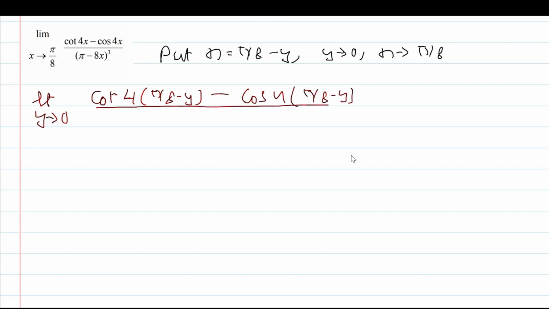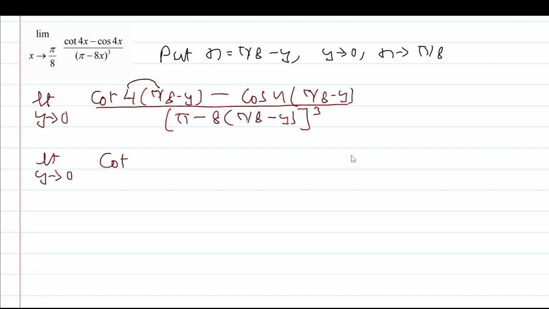And this whole divided by pi minus 8. Once again, I'm going to replace x with pi by 8 minus y, and there is a whole cube over here.